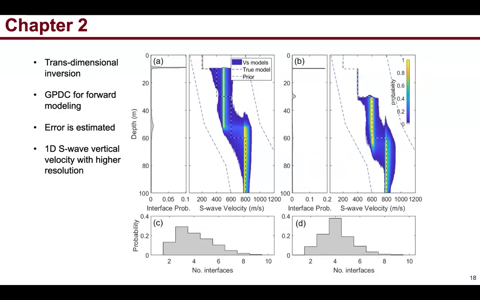So we conducted transdimensional inversion both on the fundamental mode dispersion curve and the multimode dispersion curve. The left figure here shows a black and white dashed line. It's not very clear on the screen. So the black and the white dashed line are actually our true layered model, like the VS model with depths.